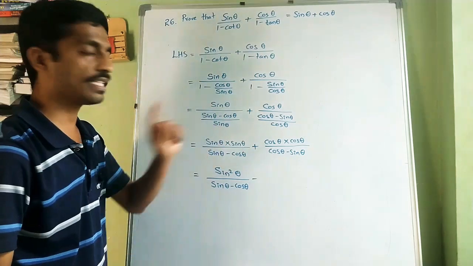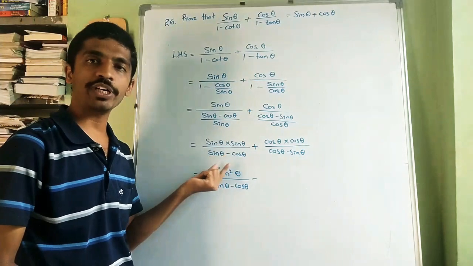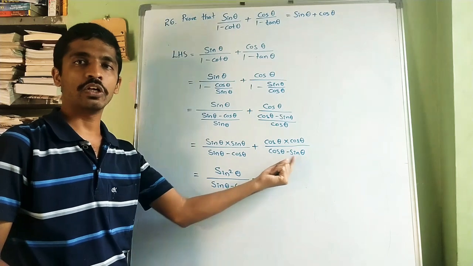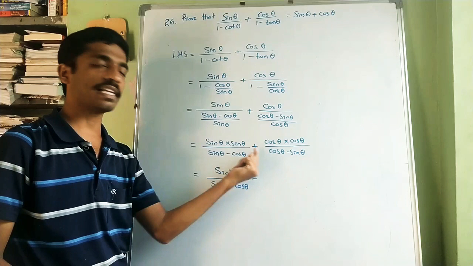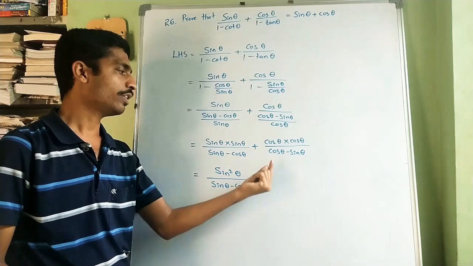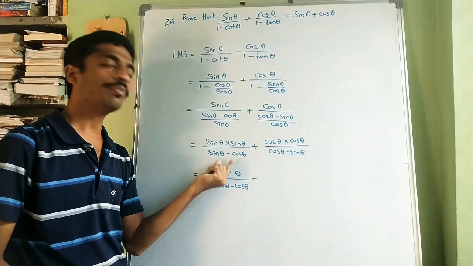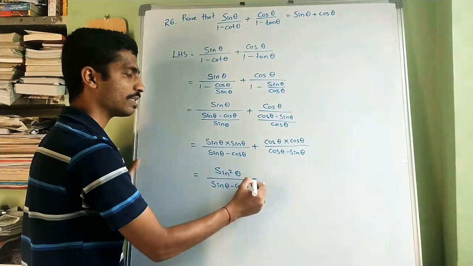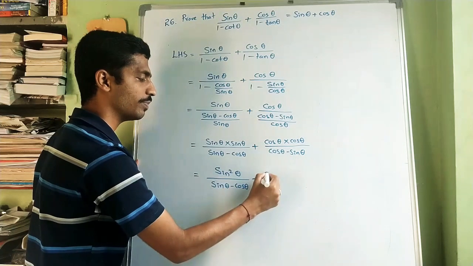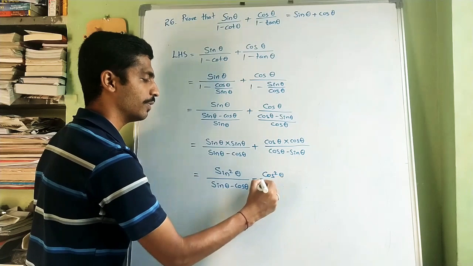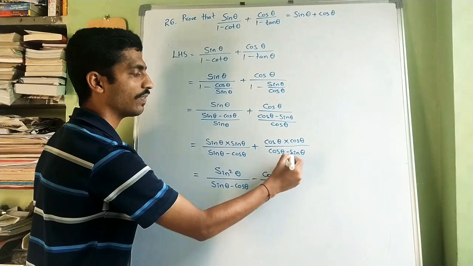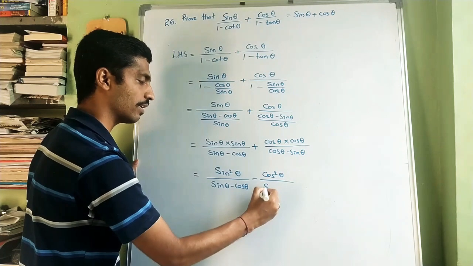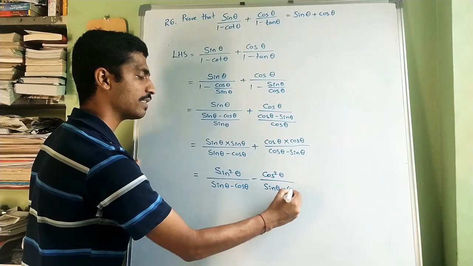Okay, so here plus is there. See the denominators on both sides: sin theta minus cos theta, and cos theta minus sin theta. So I will take minus out as the opposite sign to get the same denominator. If I take minus out, it becomes minus into plus, minus, and cos into cos becomes cos square divided by sin theta minus cos theta.